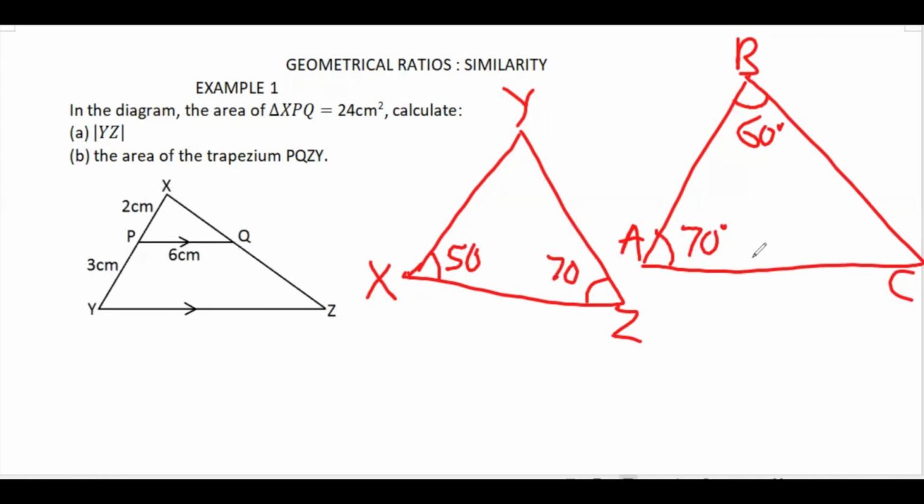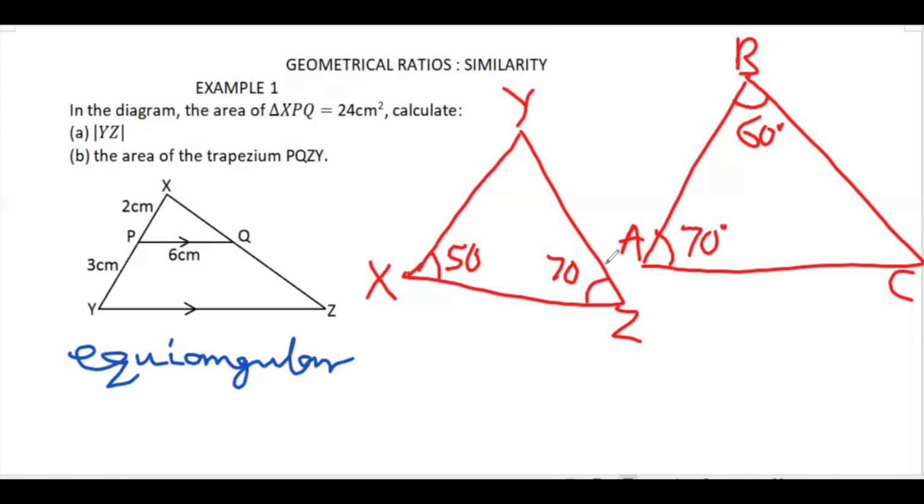Two triangles are similar if they are equiangular. The term equiangular means their corresponding angles are equal. If two triangles are equiangular, we say they are similar.